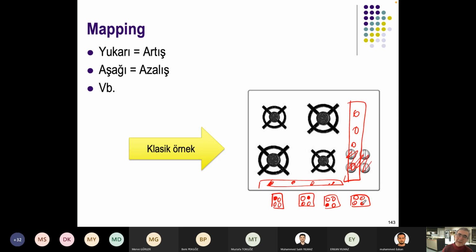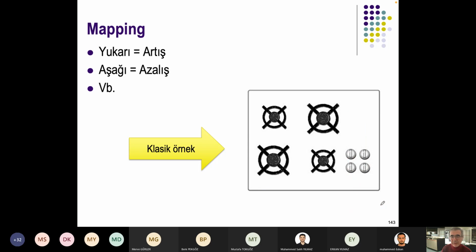But if you are living in a student house, this place is probably too dirty so that you cannot see it from the oil. And every time you try to turn on the gas heater, you fail. So the correct way, this is an example of course, is to use this kind of arrangement.